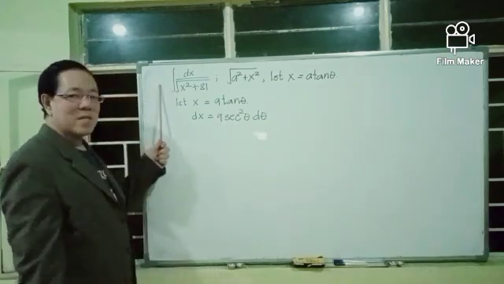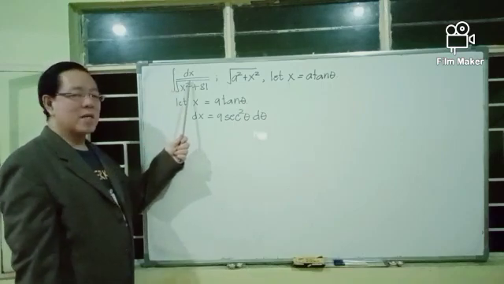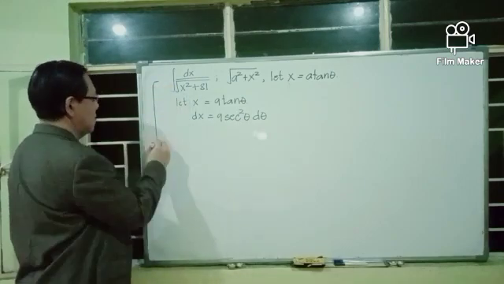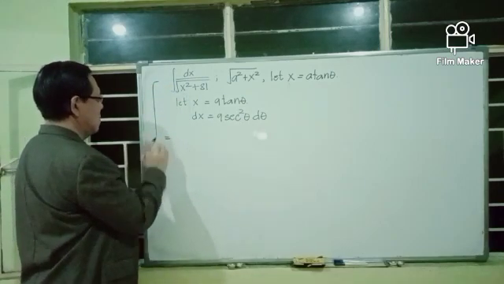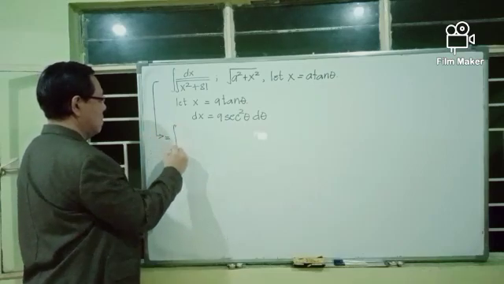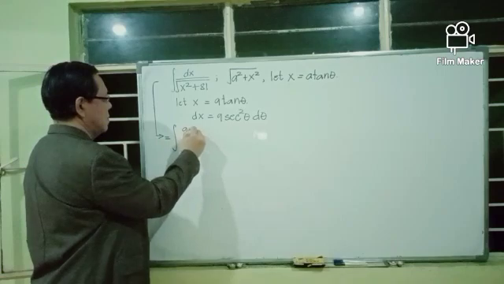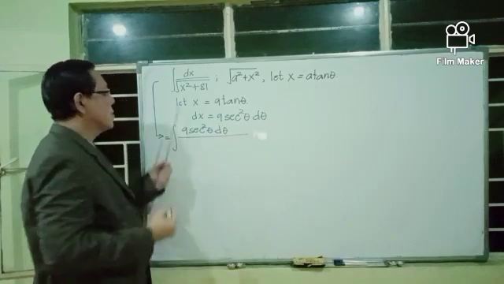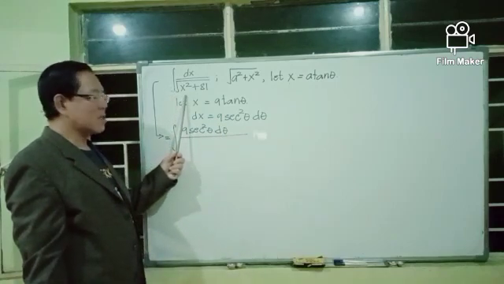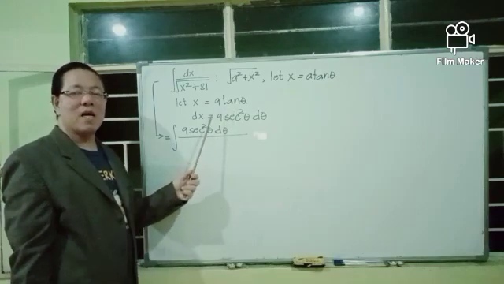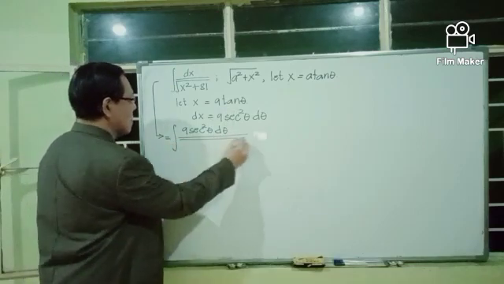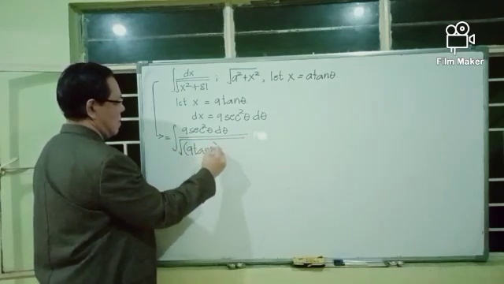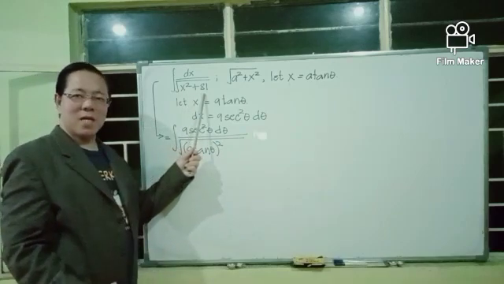So the given integral is now equal to the integral of 9 secant squared theta d theta, divided by the square root of x squared, where x is 9 tangent theta and we square it, plus 81.